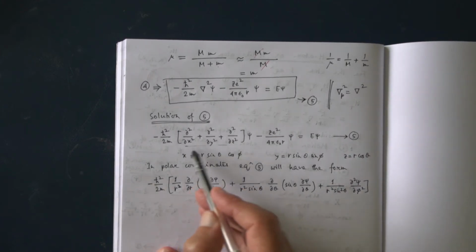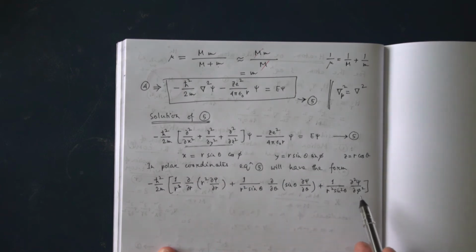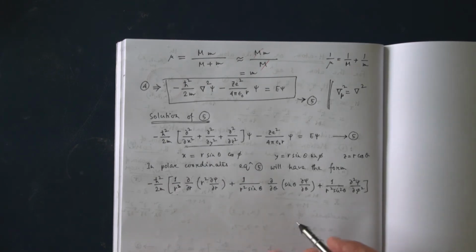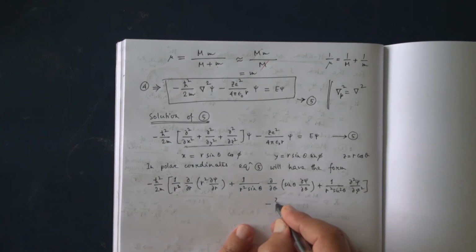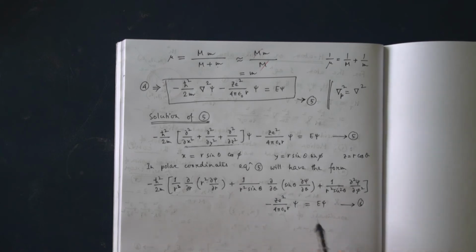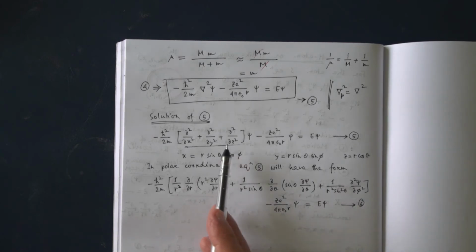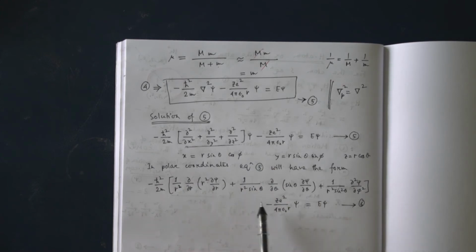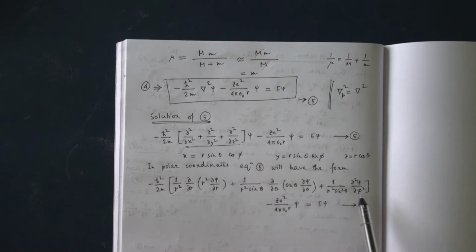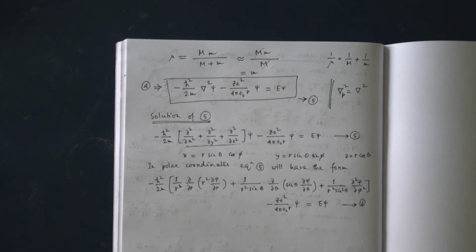You have to remember this. Then minus Z e square by 4 pi epsilon naught r psi equal to E psi. So this equation in polar coordinates will have this form.